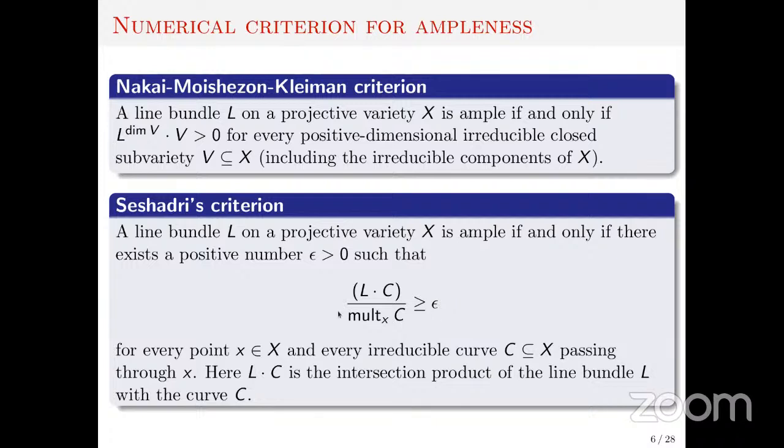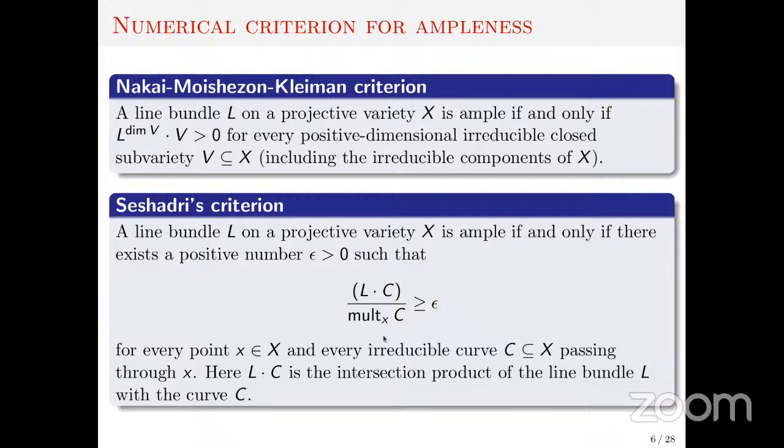So it's basically saying that the degree of the line bundle restricted to every curve can be bounded from below up to multiplicity, and this should hold for every point of X and every irreducible curve passing through the point x. So this is quite strange: ampleness is a global property, though it is captured locally. This is quite interesting.